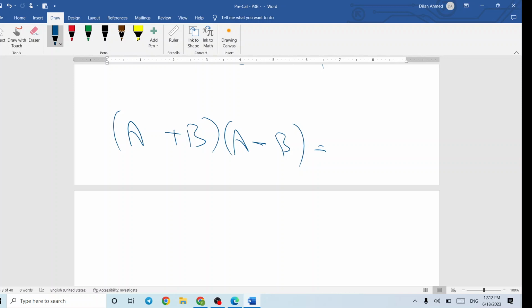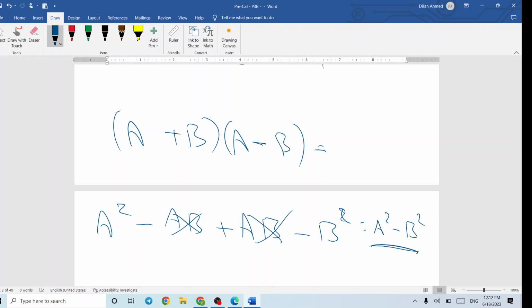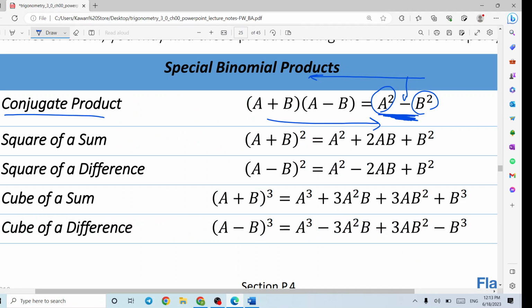For example, if you use the classical way, I say a squared, minus ab plus ab, minus b squared, am I right? Then we cancel these two and I get a squared minus b squared. So directly you can write a squared minus b squared, because I have a multiplication between two conjugates. Understood? Good.